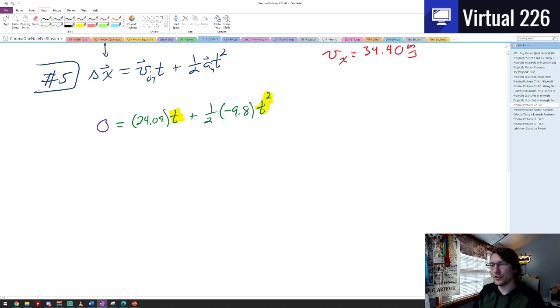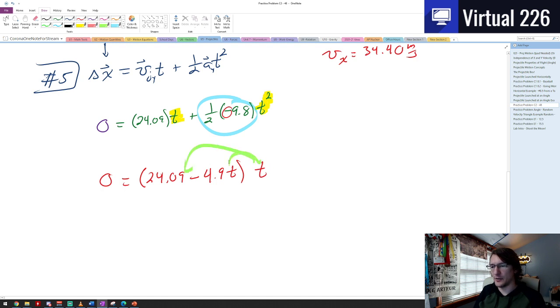I'm also going to multiply these terms together to get negative 4.9 so that I can rewrite this as 0 equals 24.09 minus 4.9 t, and then the t I factored out. Because if I factored it back in, I'd have 24.09 t, and then a t squared. Okay, so I just factored a t out.